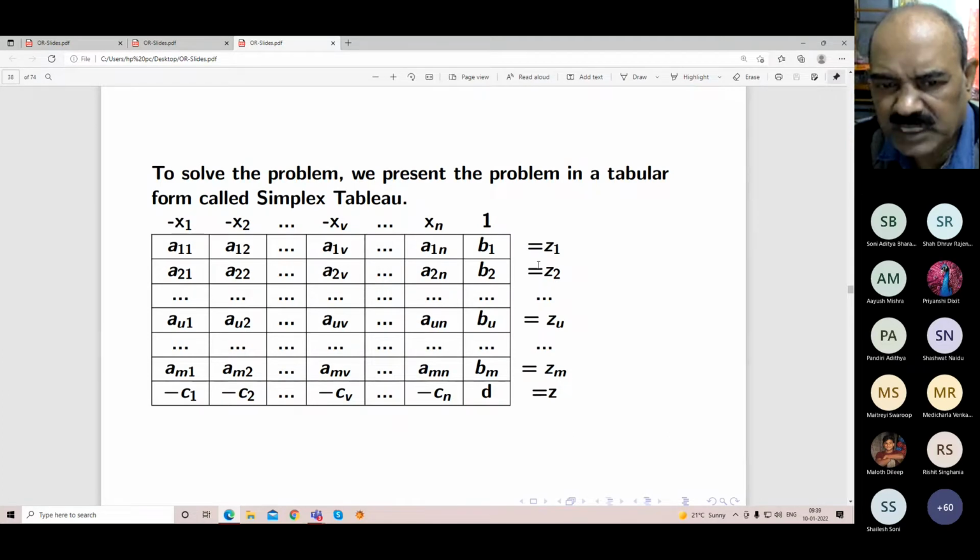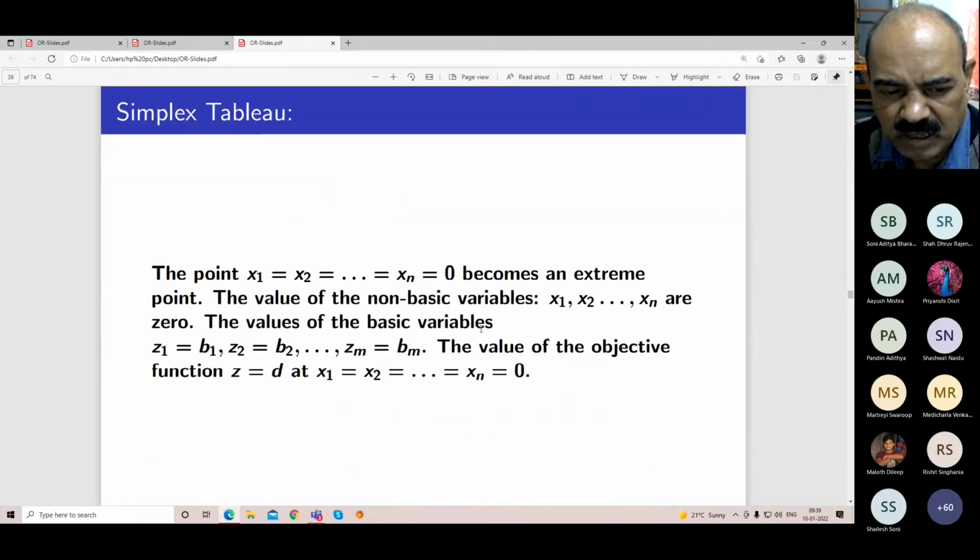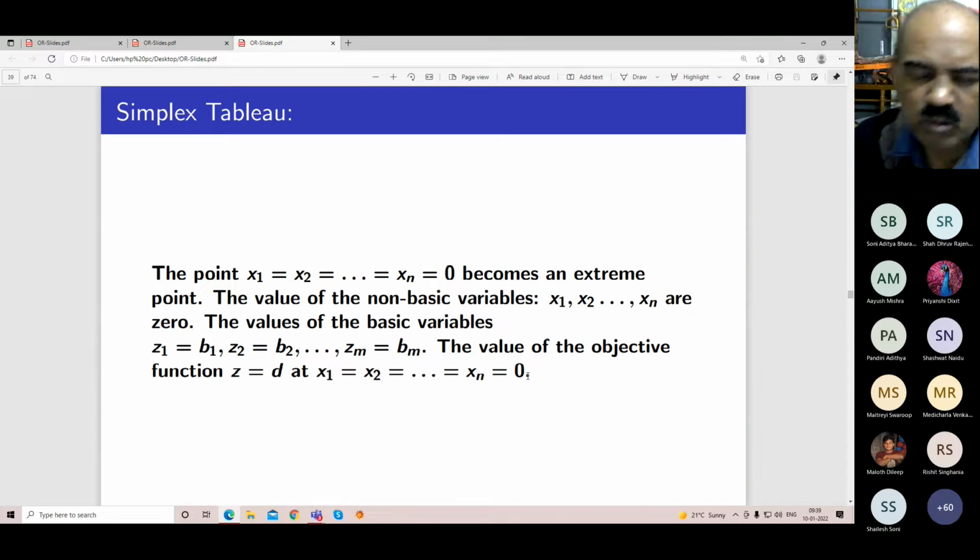See, in this table itself, it is indicating that. And what is the value of z? If everything is becoming zero, our z is becoming d. That's all. So the values of the basic variables are z1 equal to b1, z2 equal to b2, zm equal to bm. The value of the auxiliary function z is becoming d, and all the variables x1, x2 up to xn are zero. So we are finding one extreme point from the first table itself.